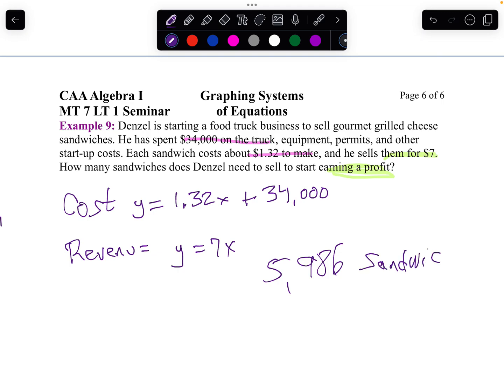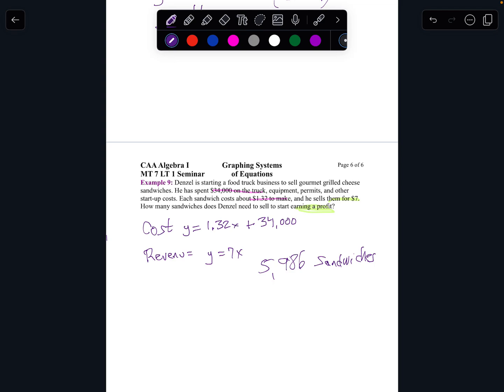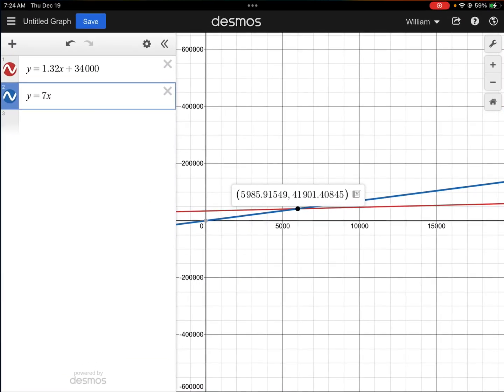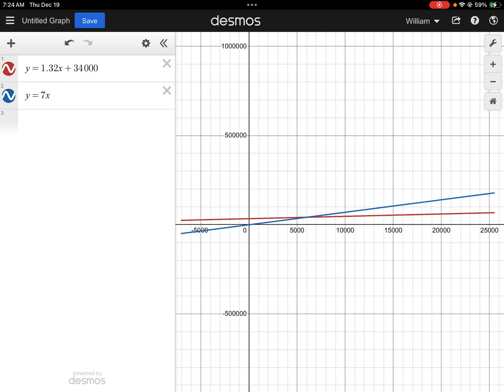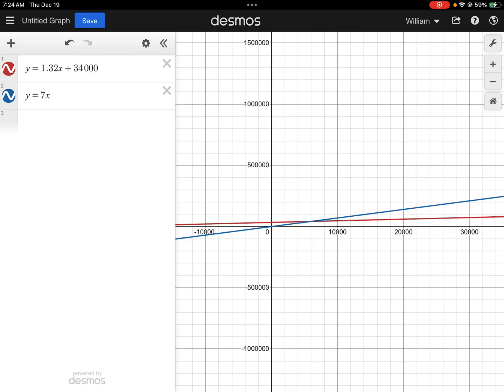I was just really messing around with our scales so we can find my answer. And then if we look at that point, he'll have made $41,901 to make a profit.